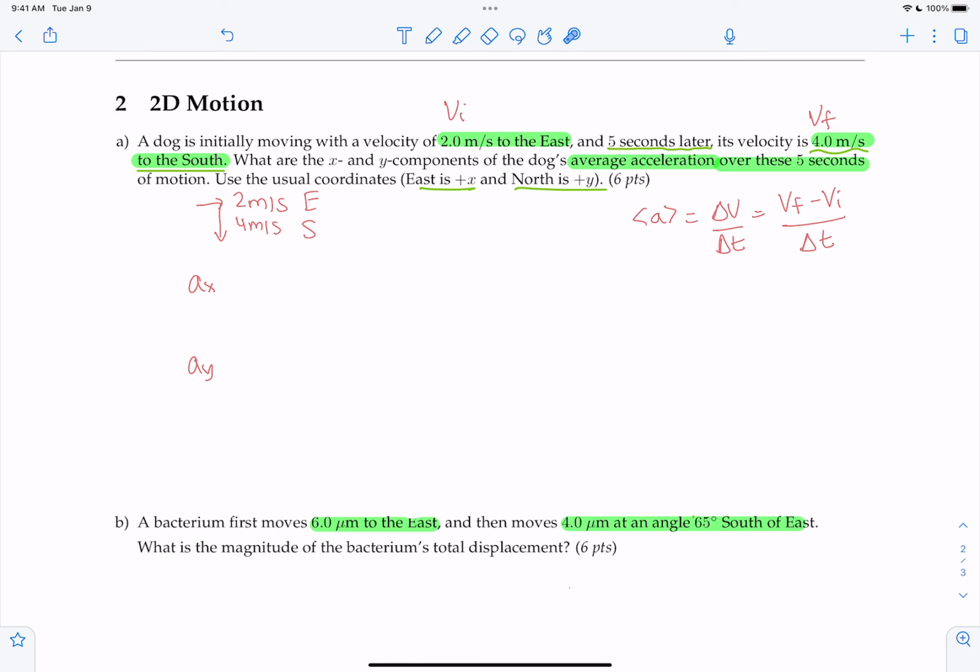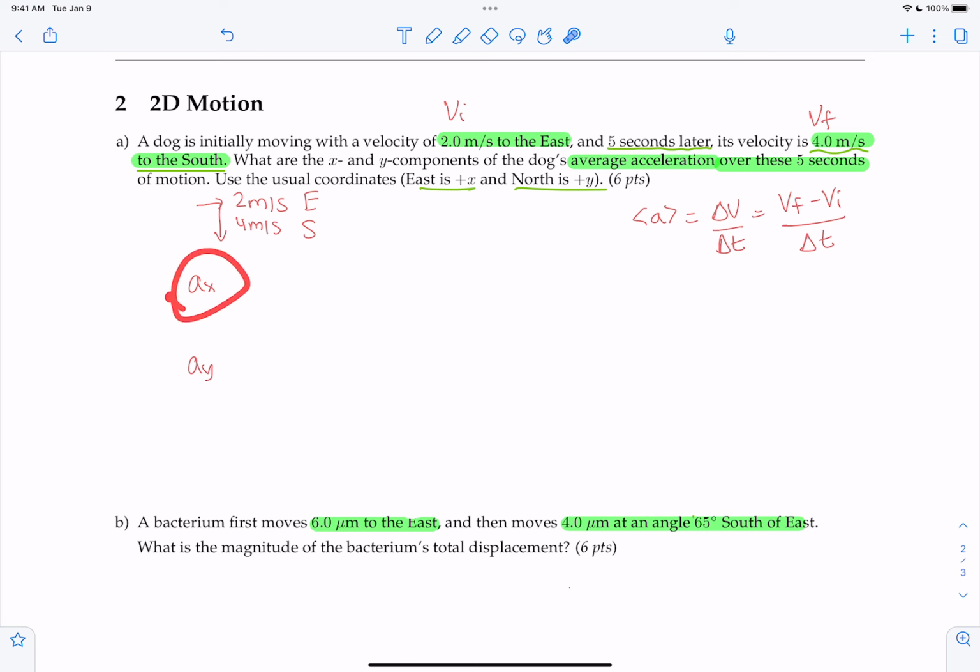Now, we can clearly see why there's a separation between these two values. Initially we're only moving in the X direction because we're only moving east. There's no southeast or northeast, we're just moving in the east direction. And then all of a sudden for VF, our second component, we're only moving south.